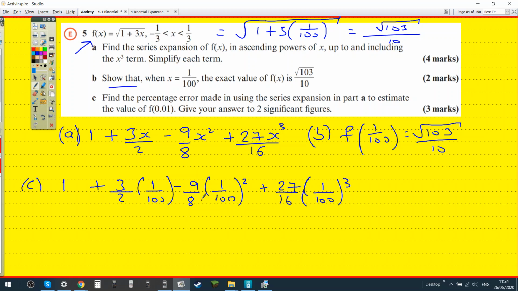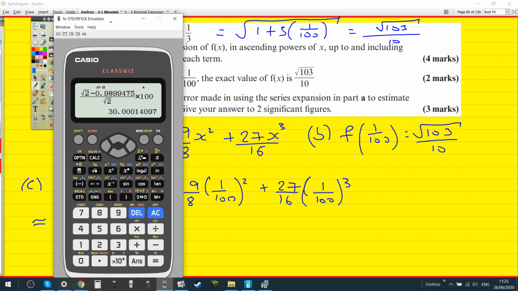Yeah, I got 1.01488988. Shall I say them? Yeah, go on. 9188. Okay, that's the percentage error.